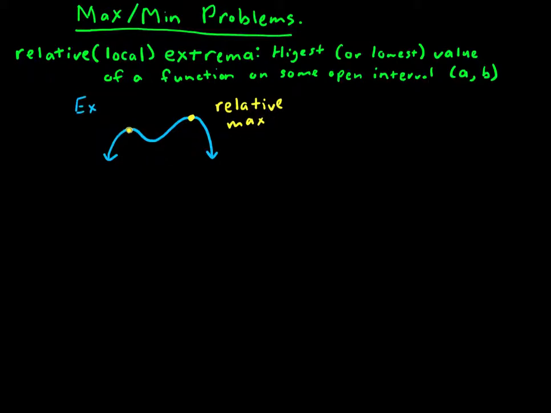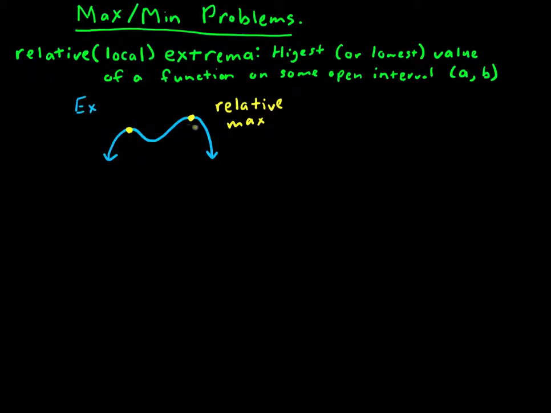We can see clearly this one right here is the highest point in this open interval around there. However, there are higher points here. That's not a problem. Relative or local means just in a certain area.